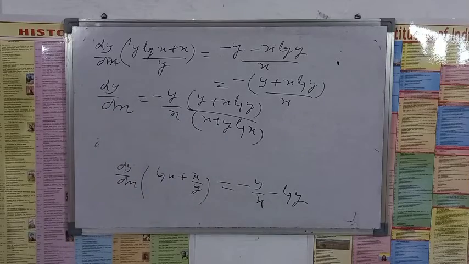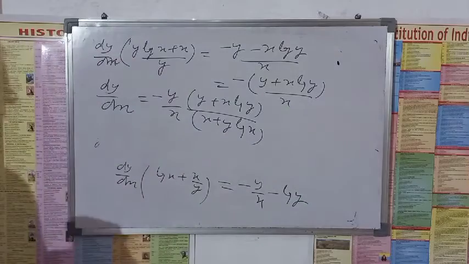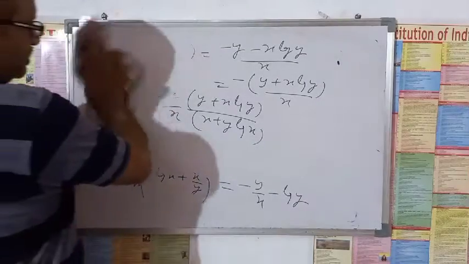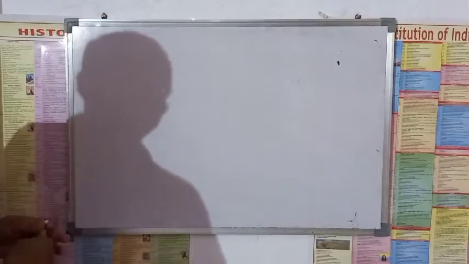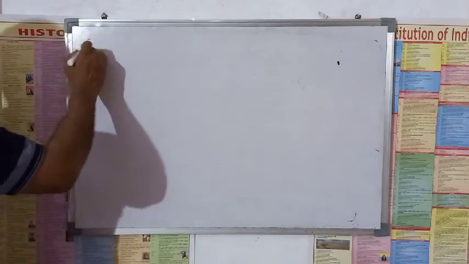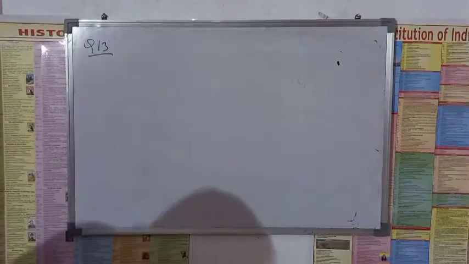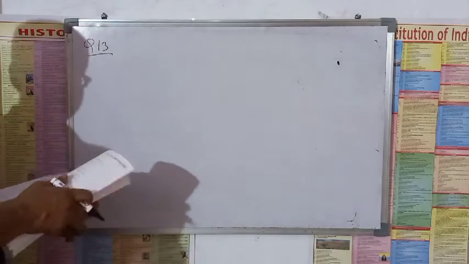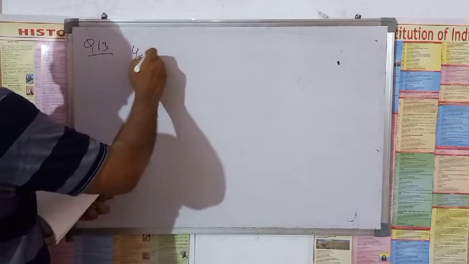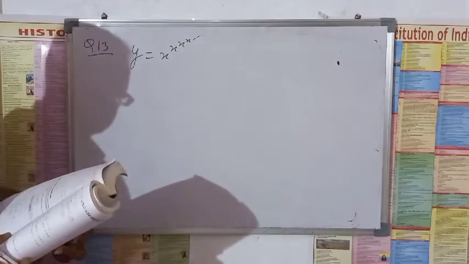Now we will take the last question of this exercise, question number 13. It is given that y is equal to x to the power x to the power x up to infinity.